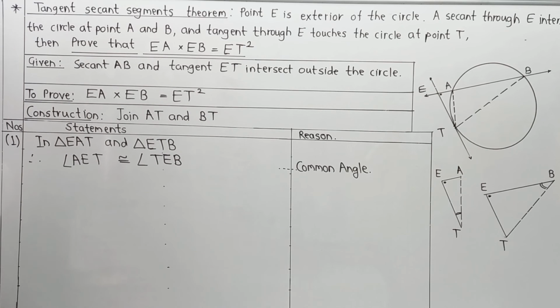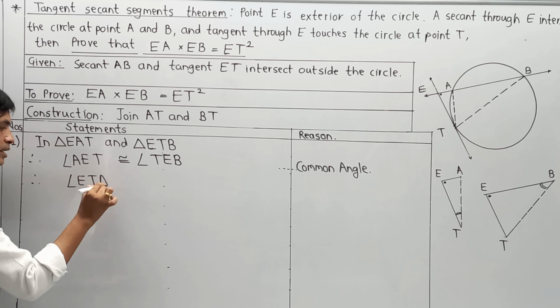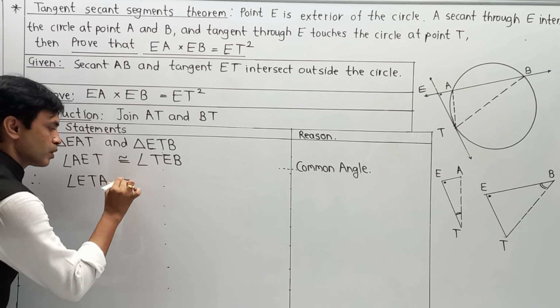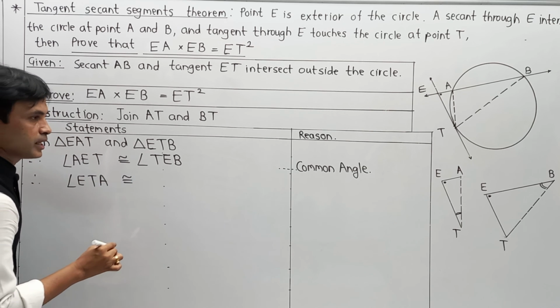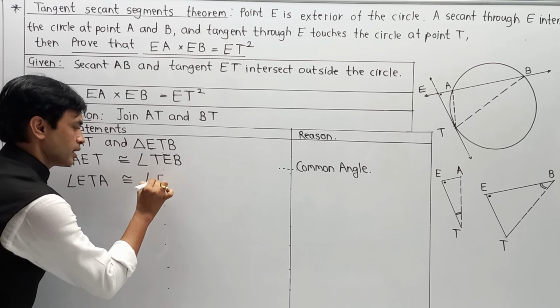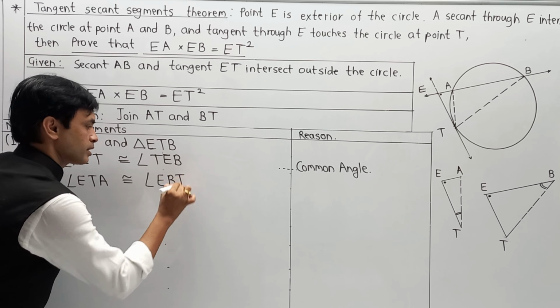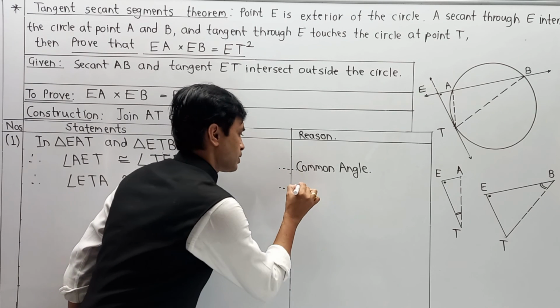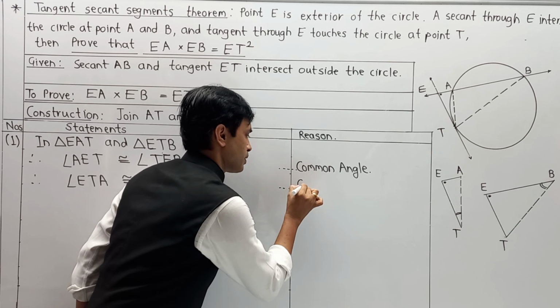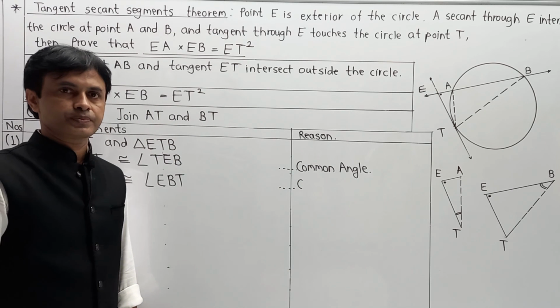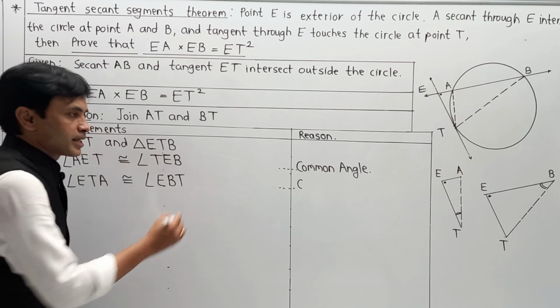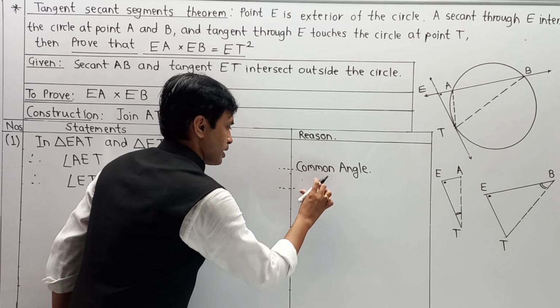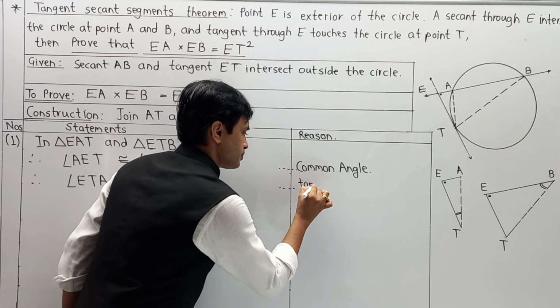Now next, angle ETA is congruent with angle EBT, and the reason is angles on the same arc, or you can say its theorem is the tangent secant theorem.